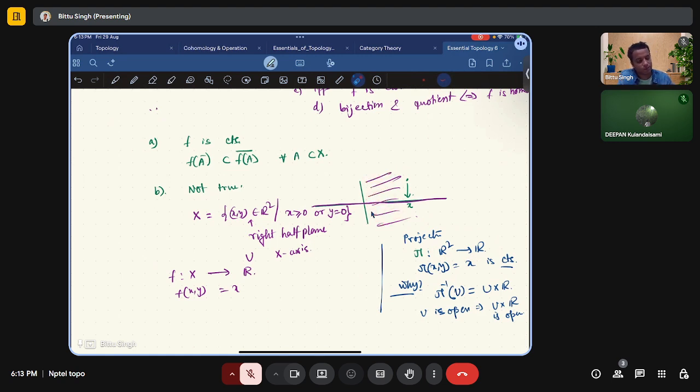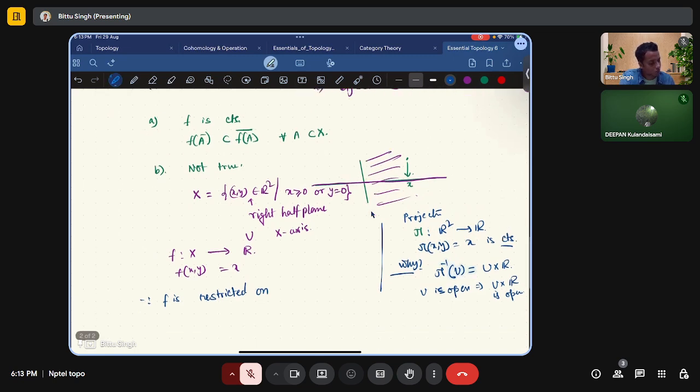We have changed the domain. So f is obtained by restricting the domain of pi.